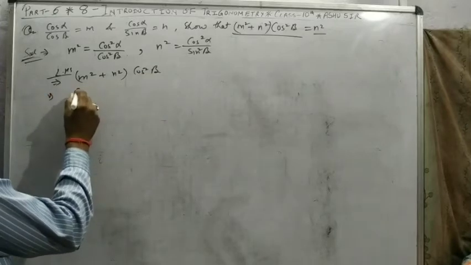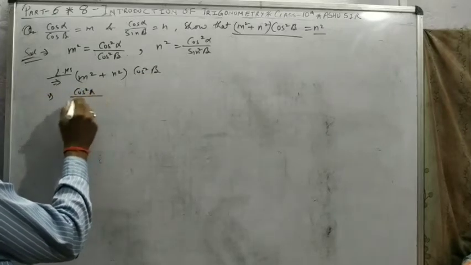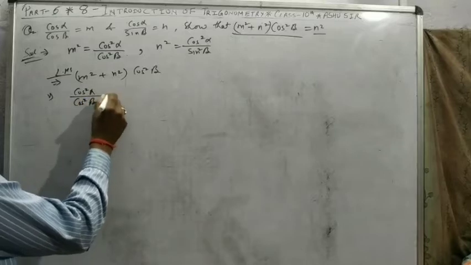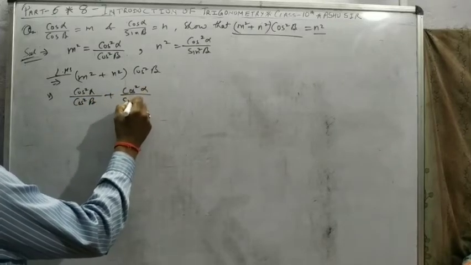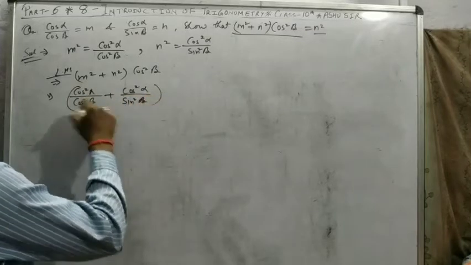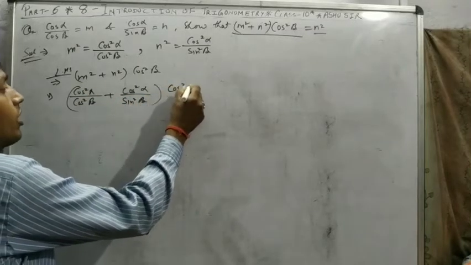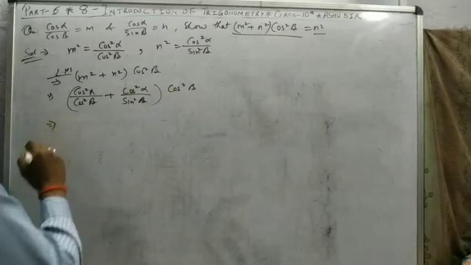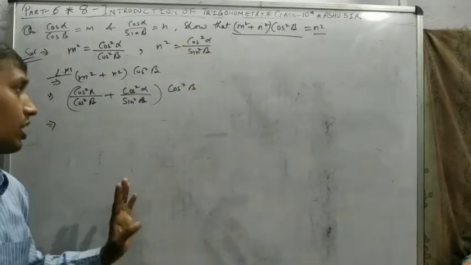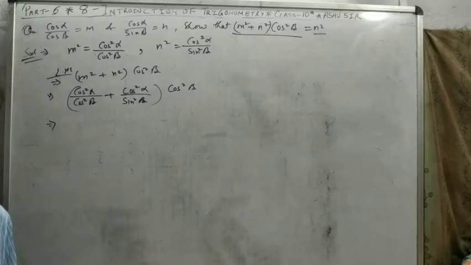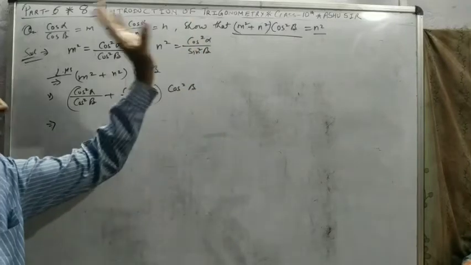Put the values here: cos square alpha upon cos square beta plus cos square alpha upon sin square beta, into cos square beta.